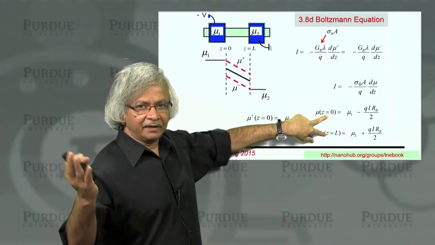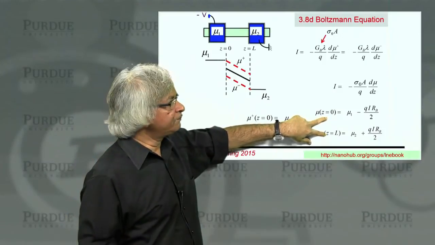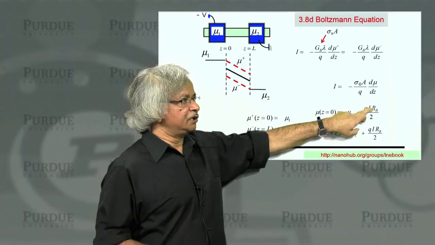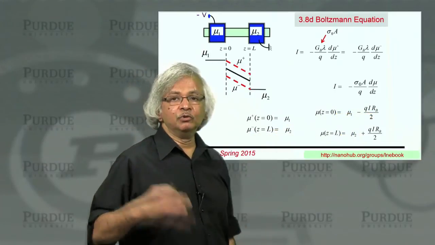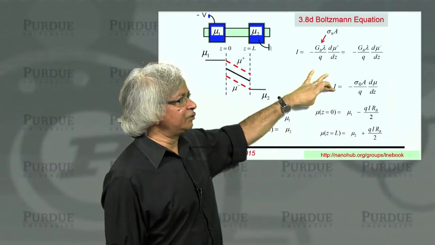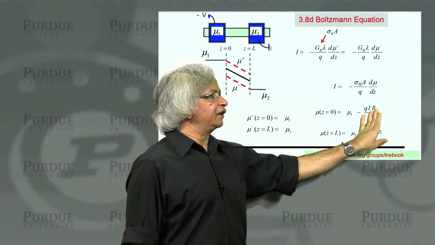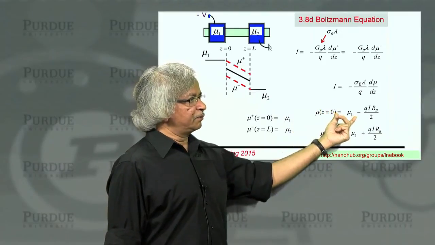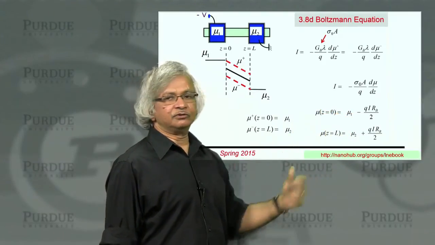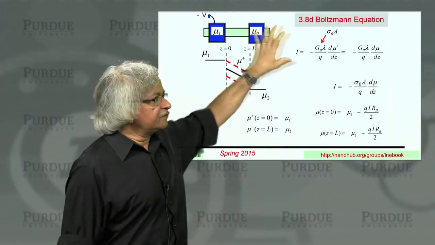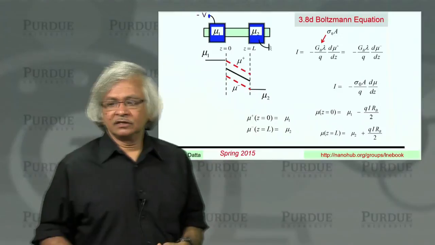I think it was back in lecture 3 or 4, that mu is equal to mu1 minus qI R_B over 2. That was the new boundary condition. That is, what people tend to do is solve that equation, but forgetting the second term. And so they tend to put mu equal to mu1 on the left and mu2 on the right.